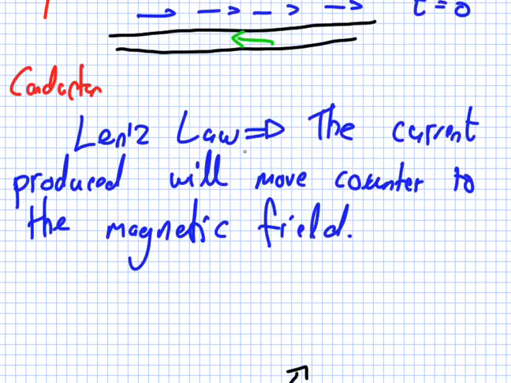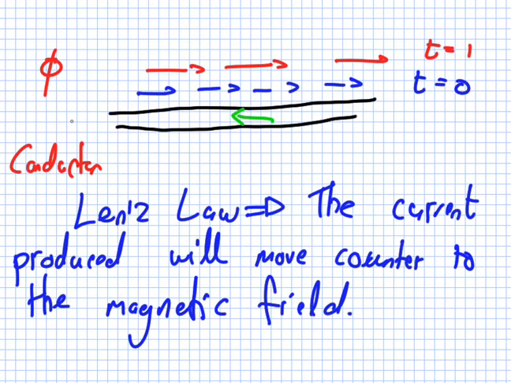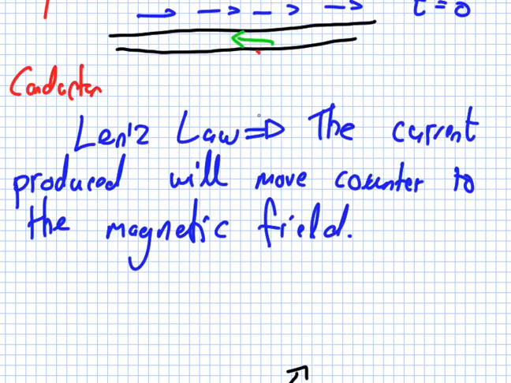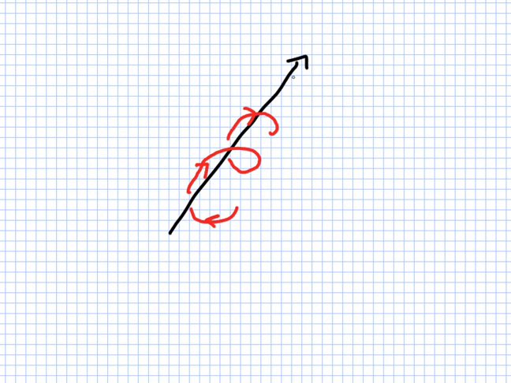Because if you notice in this one here, it's important that this is changing. Then you can make a current. But in this one here, if this was just direct current, it's not the same thing. There has to be a changing element to it. In other words, if you have a change in current, then you can make a magnetic field. Which we saw already, that's AC. Do you remember AC current?